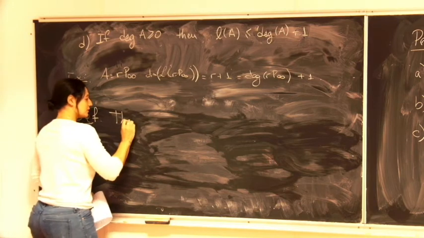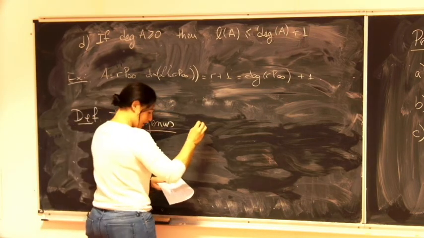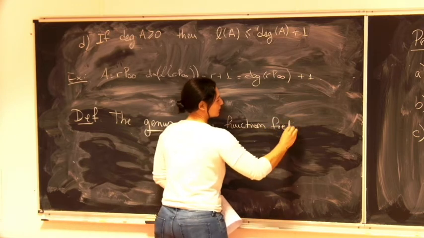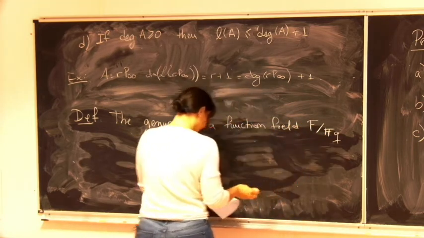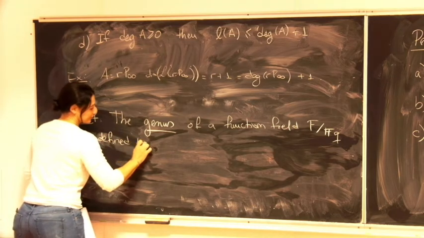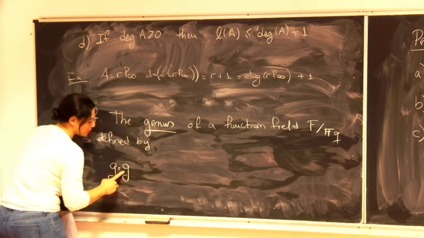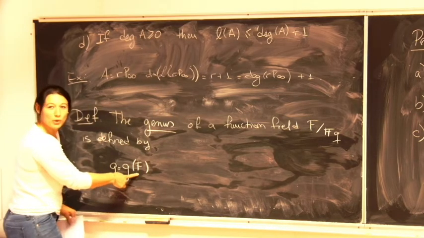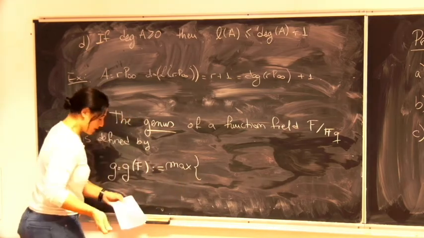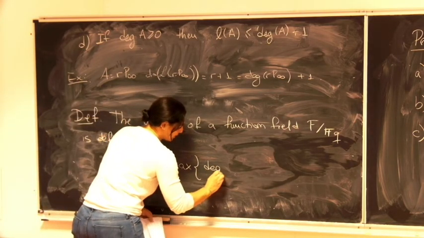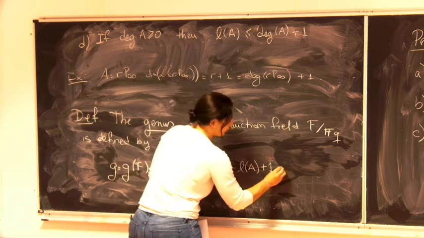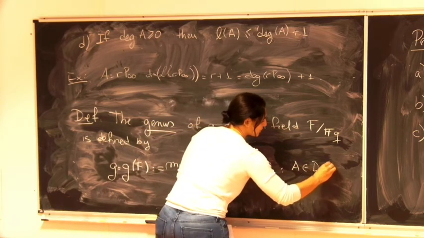The genus of a function field F over Fq is defined by G, or sometimes we put G of F to stress that we are working on the function field F. And this is the maximum number where I count the degree of A minus the dimension of A plus 1, if I go through all the divisors of the function field.